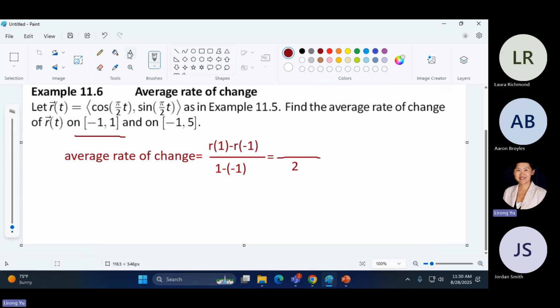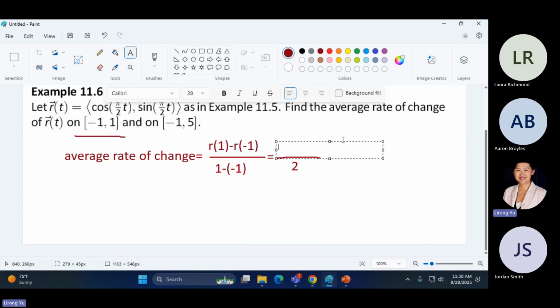For R(1), we plug in 1 for t, and that gives the vector (0, 1). That's really the displacement we had in the previous question.